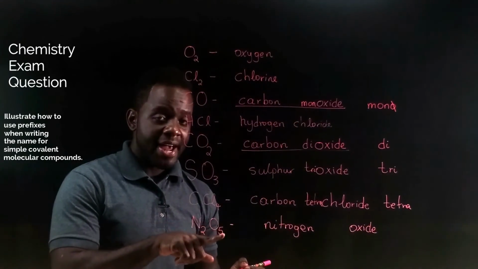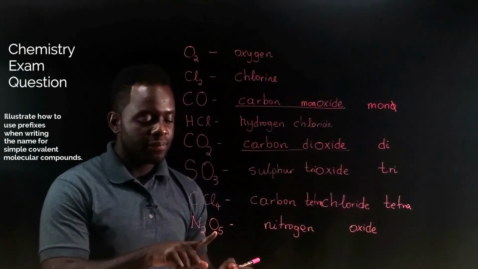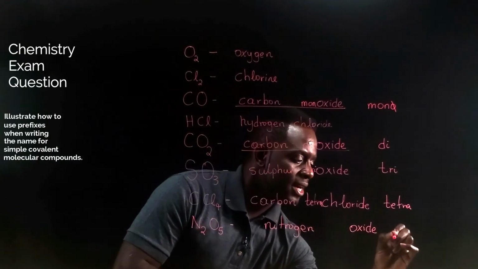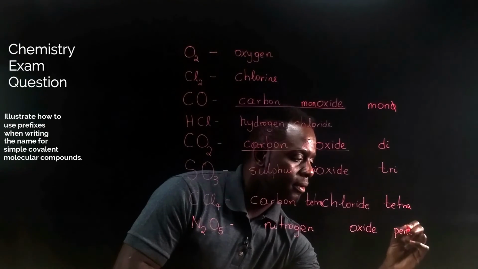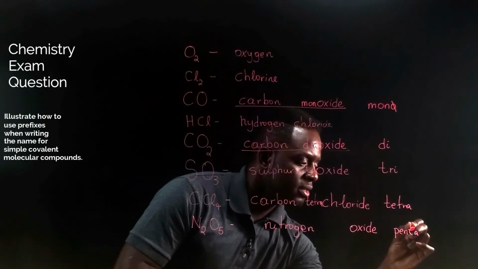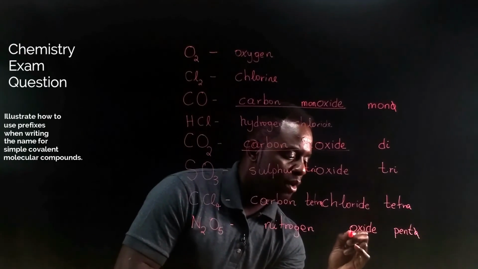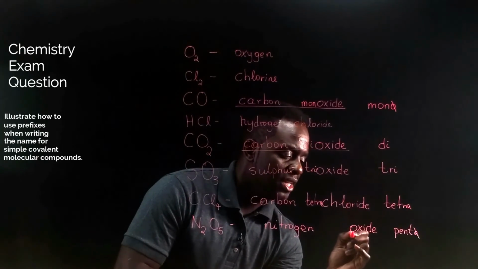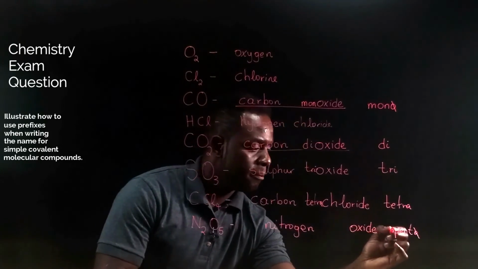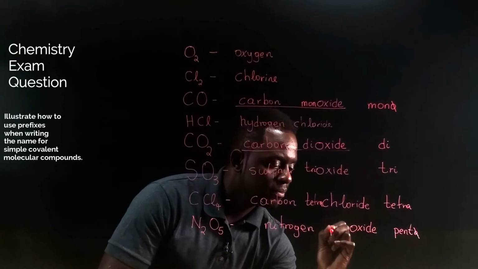There are 5 oxygen atoms in the molecule, and the prefix is penta. We will have to drop the last vowel since the name of the atom begins with a vowel. So that's pentoxide.